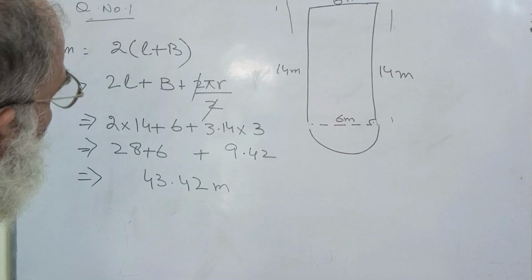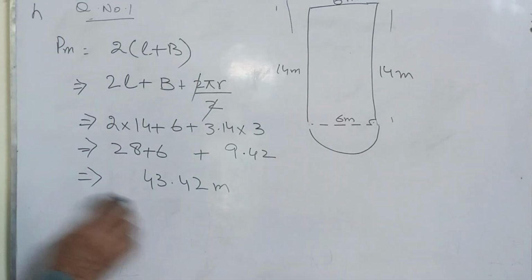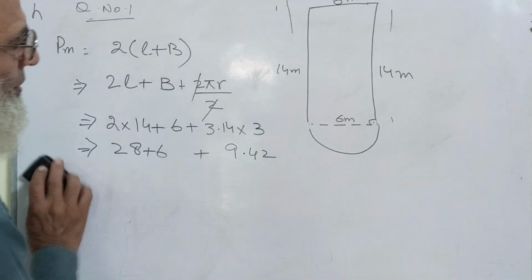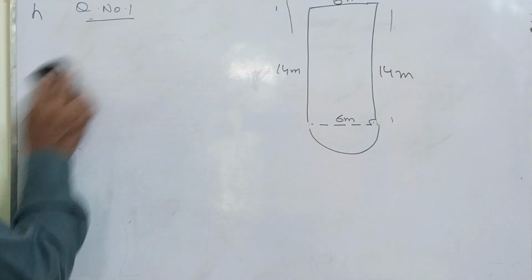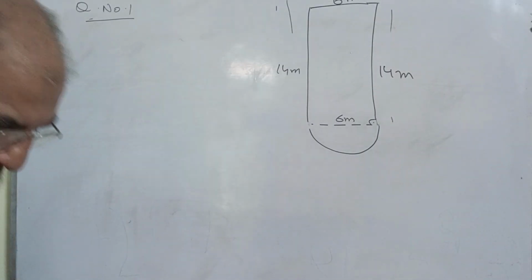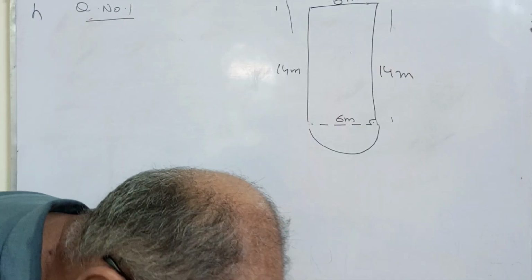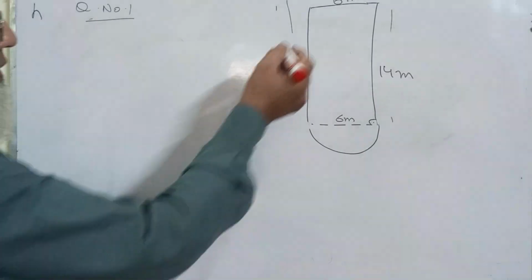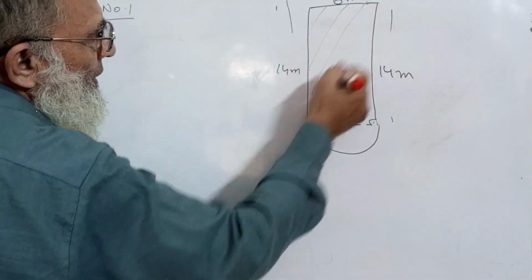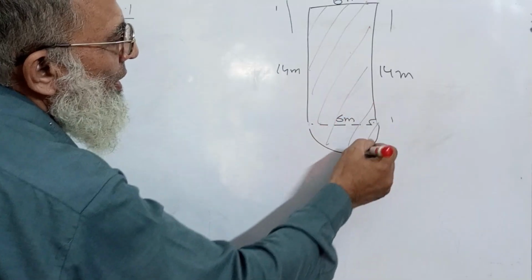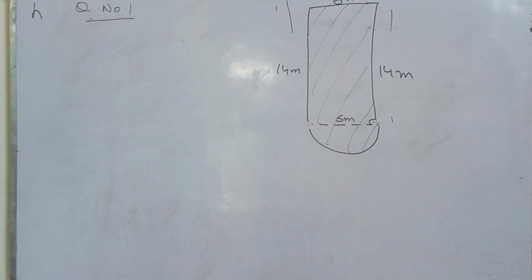Now the area. Check. Okay, area. Now area of the same. Now you see the area will not be affected by this dotted line. Area will be this whole.